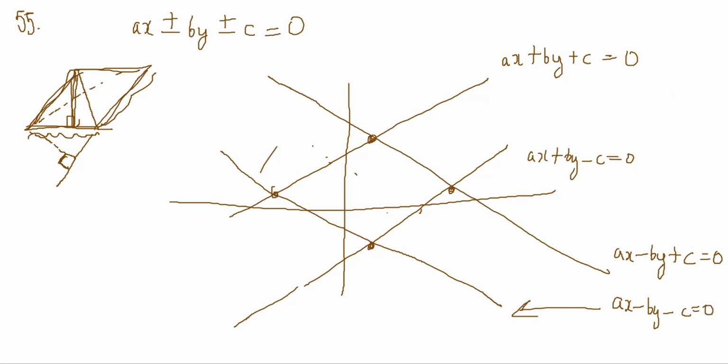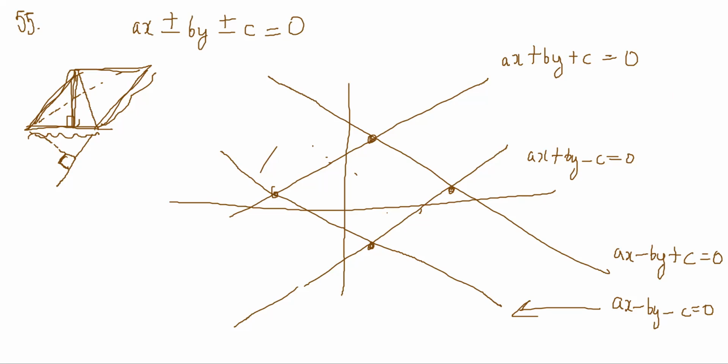Area of parallelogram with given sides. Side equations are given: y is equal to m1x plus c1, y is equal to m1x plus c2, y is equal to m2x plus d1 and m2x plus d2. These are the four lines. Area is given as the mod of c1 minus c2 into d1 minus d2 by m1 minus m2. Oh, okay.